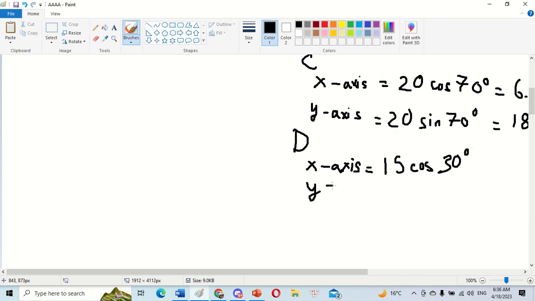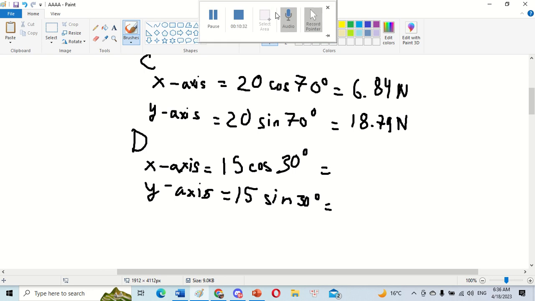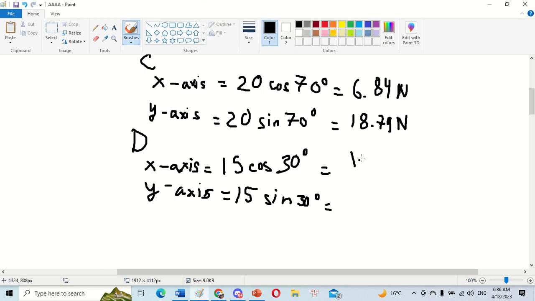Now we do for the y-axis, and that is about sine of 30. So we calculate this one, and we have 15 with the square root of number 3 over number 2. And this one, that is about 15 over number 2.